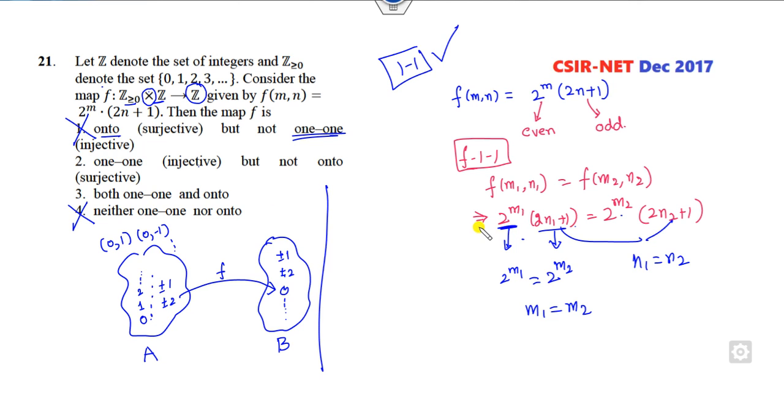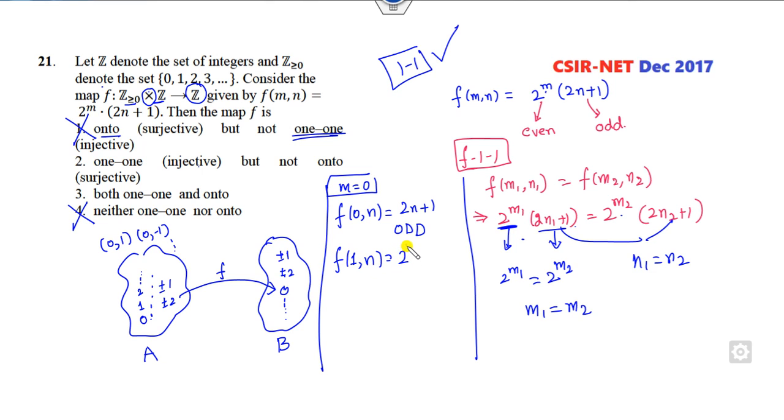Now to check whether it is onto or not: if I take m as 0, then 2 raised to power 0 is 1, so it will give you all the odd numbers. When you take m as 1, it gives 2 raised to power 1 times (2n plus 1), which is always even.